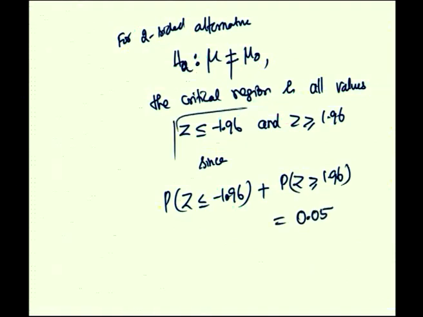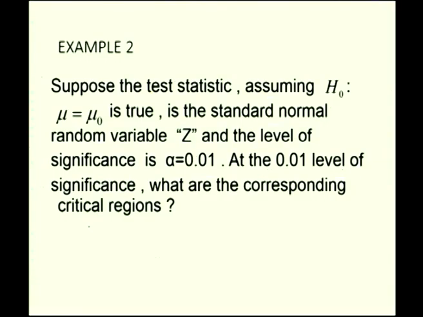So, this is the critical region corresponding to the two-sided alternative. After discussing the problem of determining the critical region for 0.05, as discussed earlier, there are two levels of significance which are frequently used, that is, one is 5%, another one is 1%. Let us see for this problem how the critical region is determined for the level of significance as 1%.